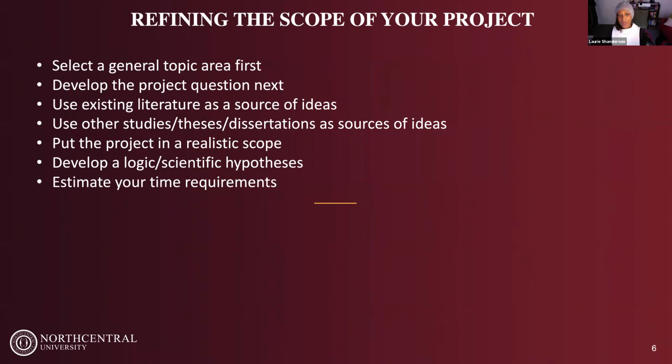You want to estimate your time requirements. If you've chosen a project that requires that you use annual data that comes out in December, and you're starting your project in January, you might want to reconsider that.